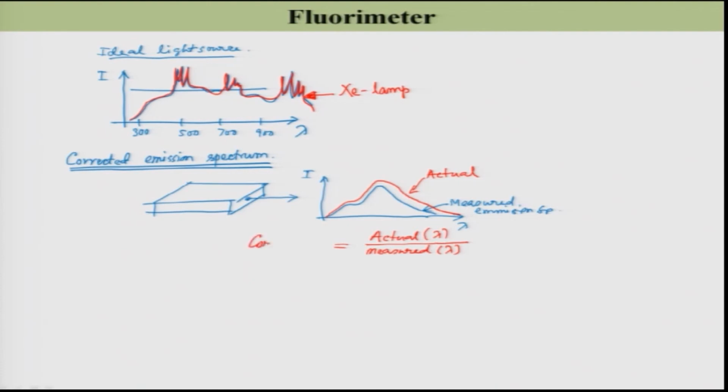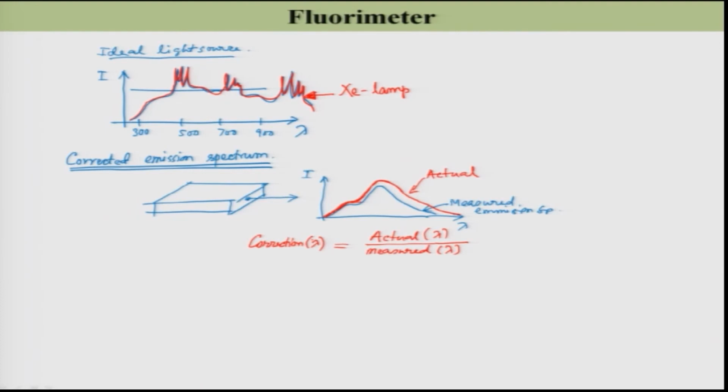You will get this correction, which obviously depends on the lambda. Let us say here it is overlapping, so in this region this value will be near to 1, and in this region this value will be greater than 1, right. So, you will get a correction term as a function of lambda.